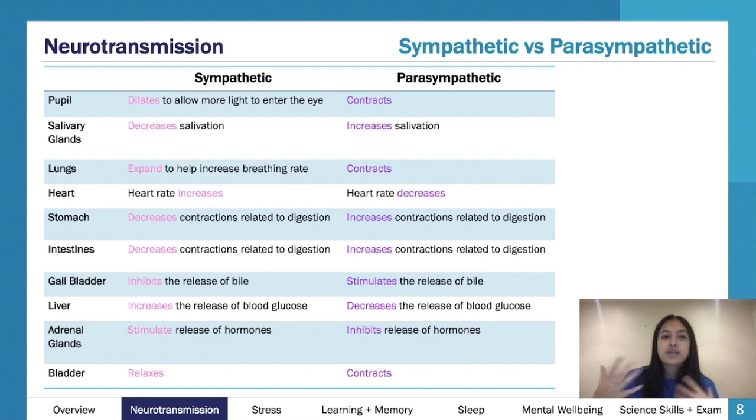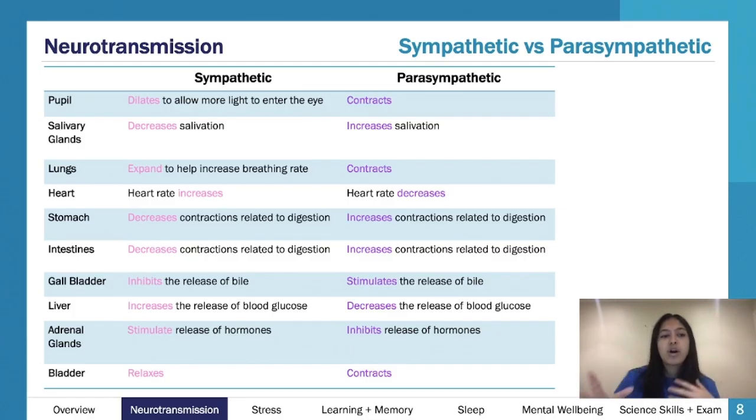Your lungs, this idea of increasing the breathing rate, your heart rate increasing, pumping blood around. The thing that I used to think of with the sympathetic, and that helped me with some of the things in the table, is this idea that you are trying to energize the body. You want to send oxygen and glucose to the muscles. That's your main priority. So you increase the breathing rate, getting the oxygen in, and increase the heart rate, pumping more blood around to carry that oxygen.